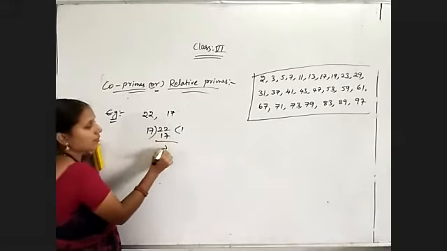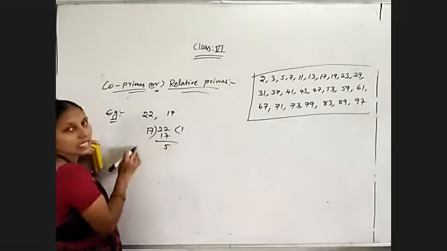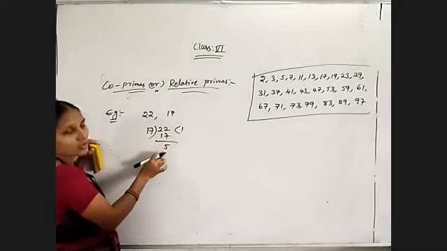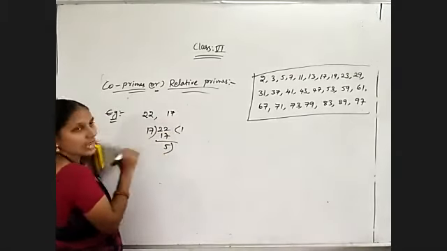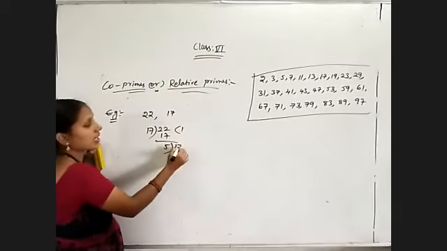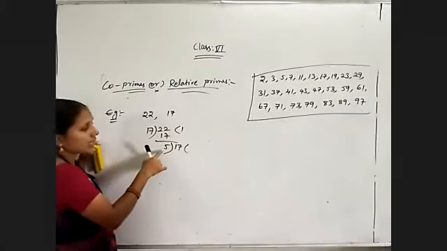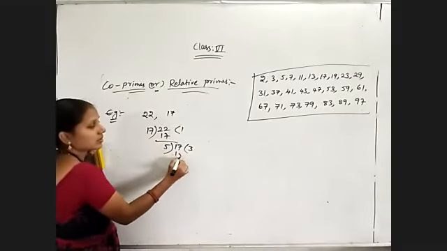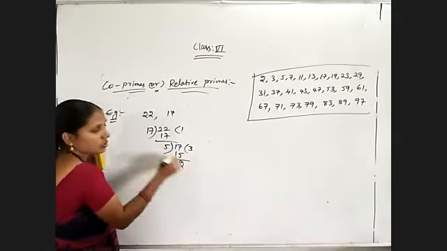How much is left? 5. 22 minus 17: 12 minus 7 is 5. So 5 is left. As I told you, take this one as the divisor and the last divisor as the dividend. 5 3s are 15. Still I am getting the remainder 2.